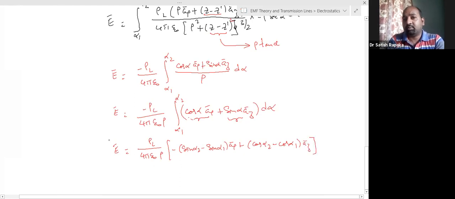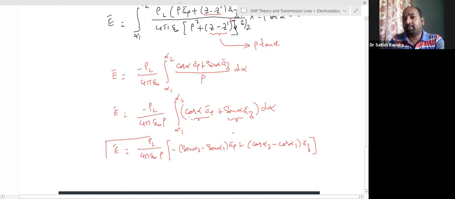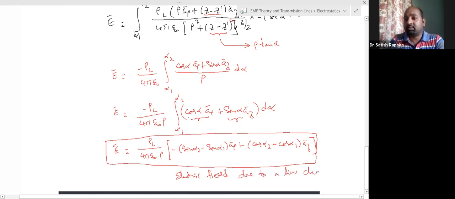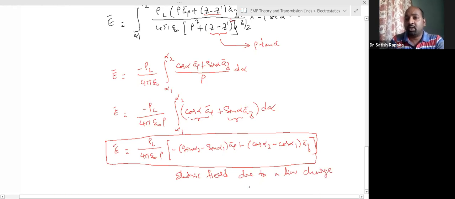This is the final expression which you'll get, and this is the electric field due to a line charge of finite length. The length of the line charge which we have considered is finite. So this is how we can derive it.